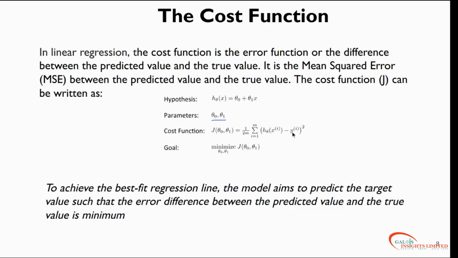We square this because we want positive values, and we are dividing this function by 2 for scaling reasons.